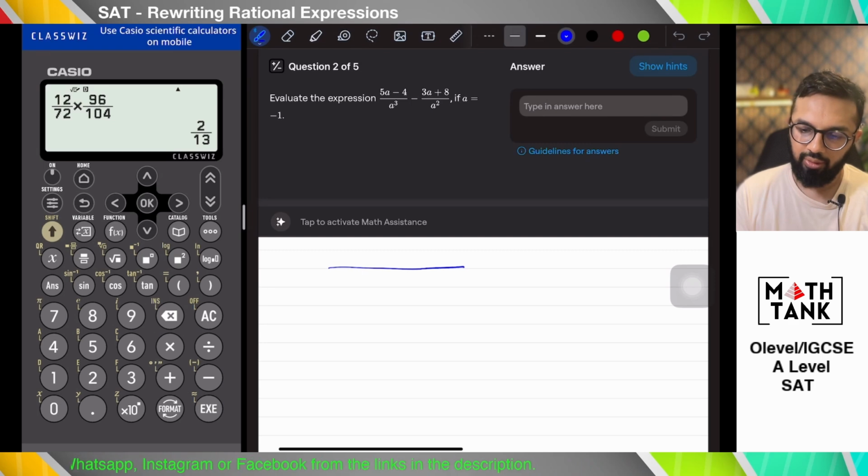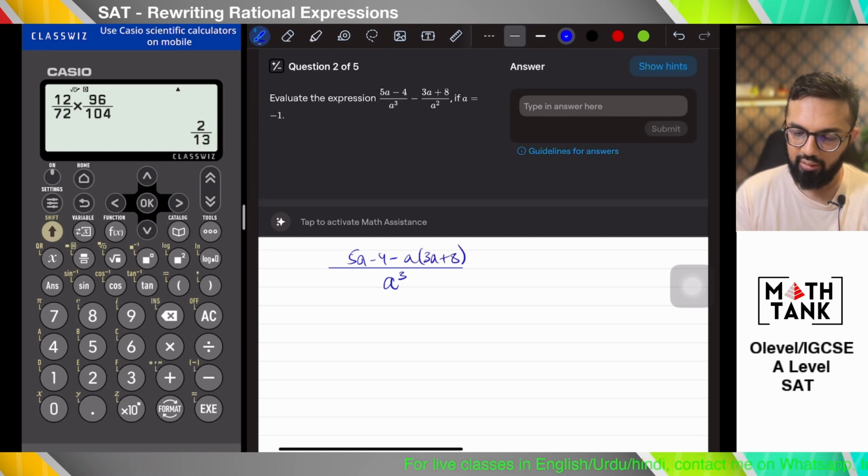Okay, then what's the common denominator here? It's a cubed. So 5a minus 4 minus a times 3a plus 8. If a is minus 1, okay, so let's first, now that I've done most of it, let's get a is minus 1.